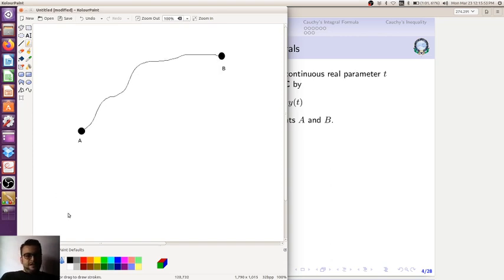Now at the same time, consider a real number line. On this real number line, we have one point here, this point here, which is alpha.